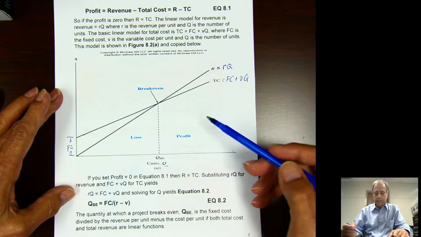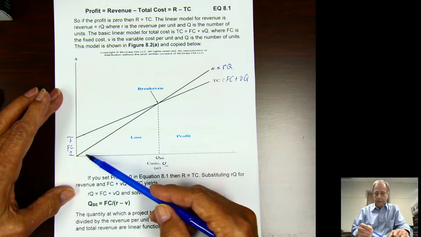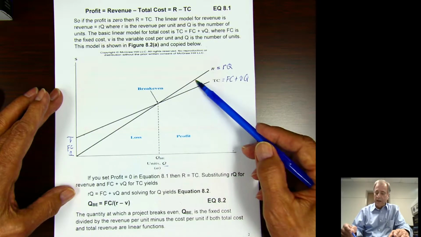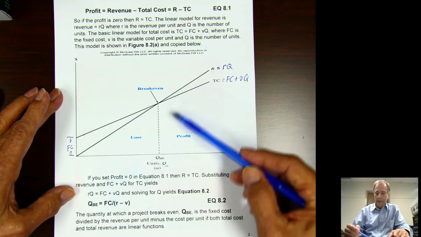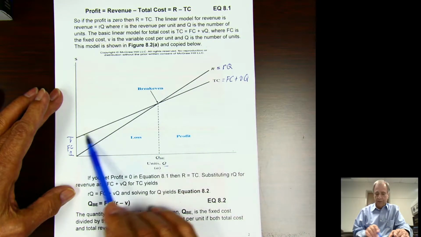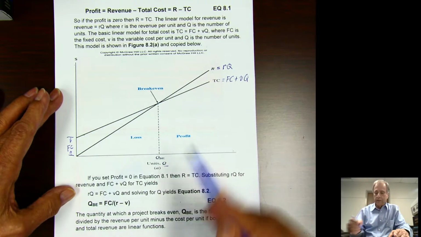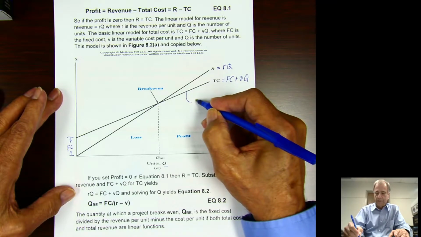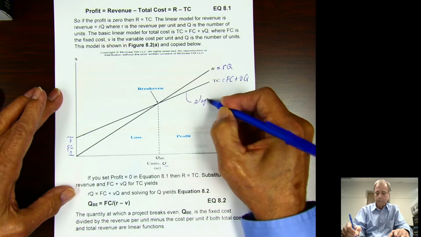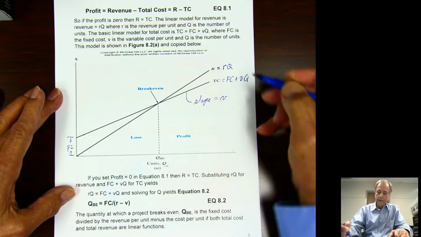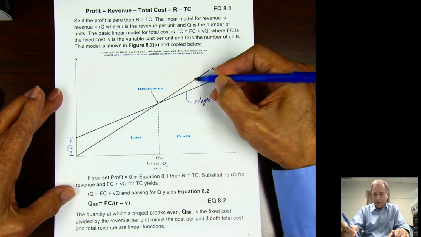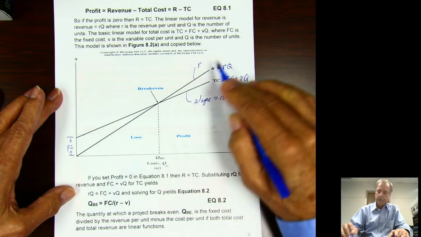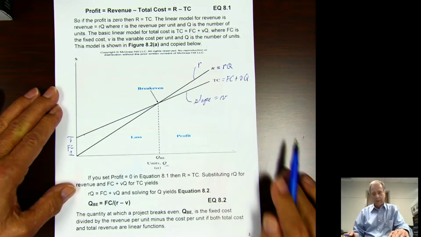Now certainly, since this revenue function starts at 0, 0, it must have a higher slope than the cost function, okay? The slope of this line here, the slope of the cost function line, is V. And the slope of the revenue function line is R, and it is a steeper slope than V, okay?